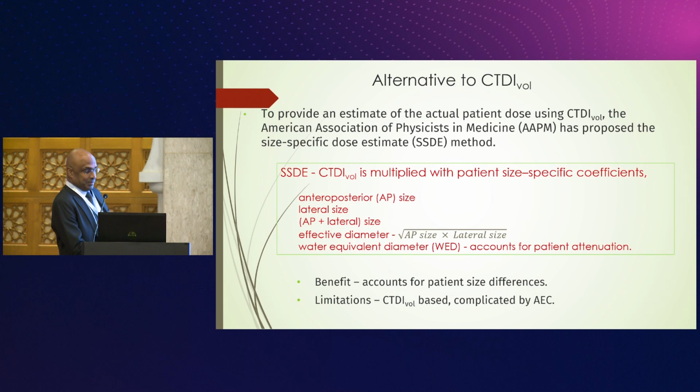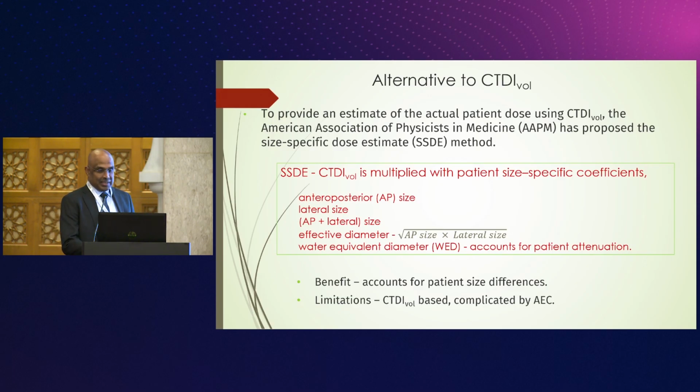Just to tie to the previous one, it is the CTDI volume that your CT scanner gives after you set your scans, and then you multiply that by a conversion factor or size-specific coefficient, and the coefficients are based on actual patient sizes.